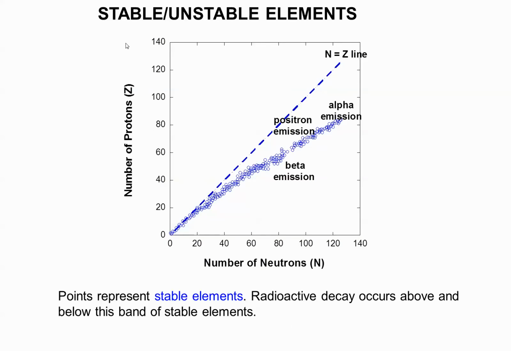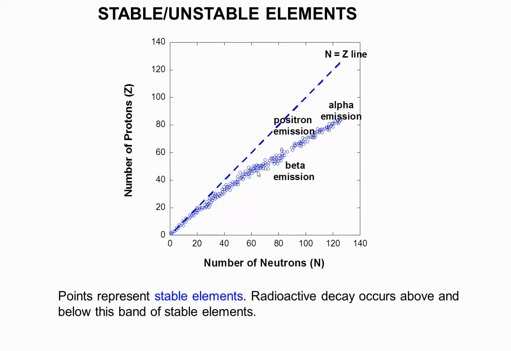Let me show you stable and unstable elements. This is the number of neutrons versus number of protons in the nuclei of various elements. Stable ones are shown as circles here, and the radioactive ones, the unstable ones, are shown below the curve. They are beta emitters, and above this curve are positron emitters.